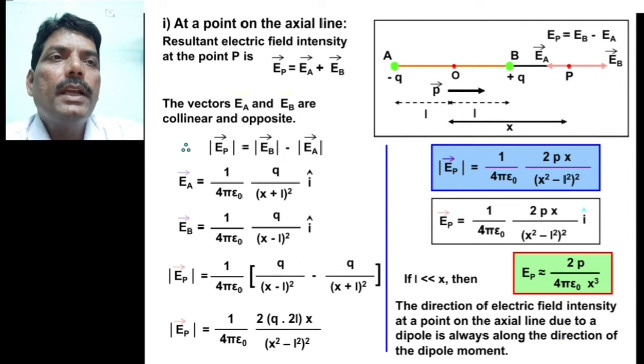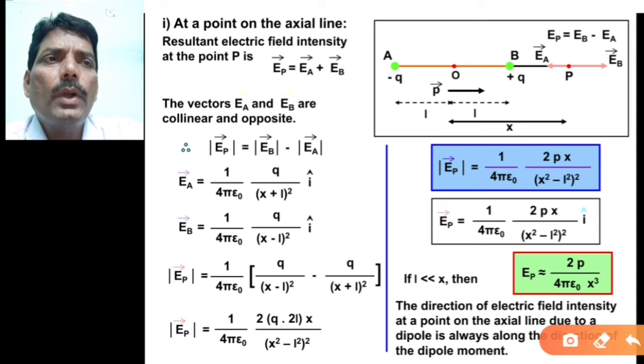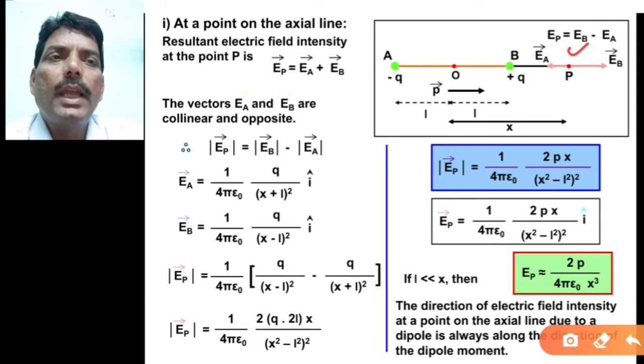Now you see here, once you have located the point P on the axial line at a distance x, I want to find out the strength of the electric dipole at point P, or electric field intensity at point P due to this dipole.